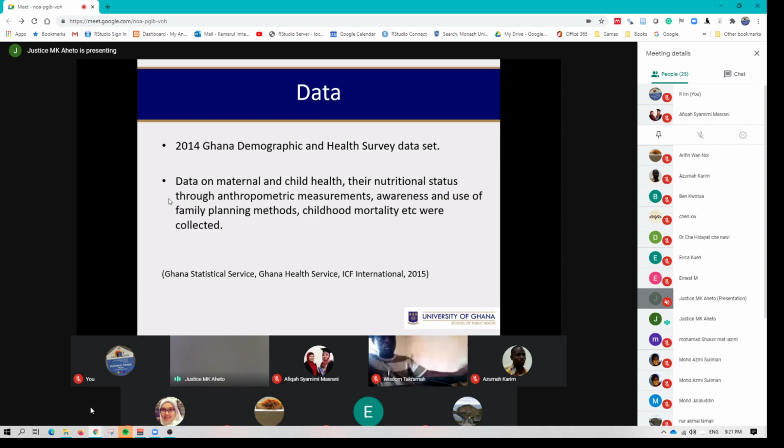We have not less than 120 different countries participating in this DHS survey, and Ghana happened to be one of them. The data briefly contains information on maternal and child health, for instance, nutritional status using metric measurement. Also, awareness and use of family planning techniques. There's also information on childhood mortality, among others.